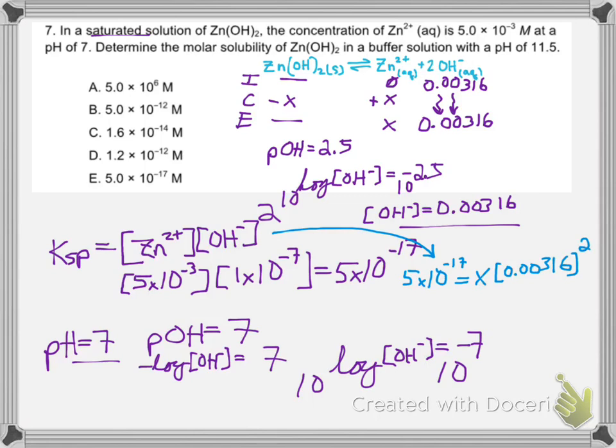And then we're going to divide each side by 0.00316 squared, and we'll end up getting that X is equal to 5 times 10 to the negative 12th. And again, remember in a KSP problem, when it asks for molar solubility, it just means solve for X. What is that value of X? So it's going to be this right here.